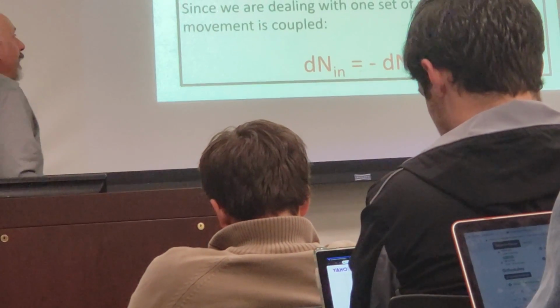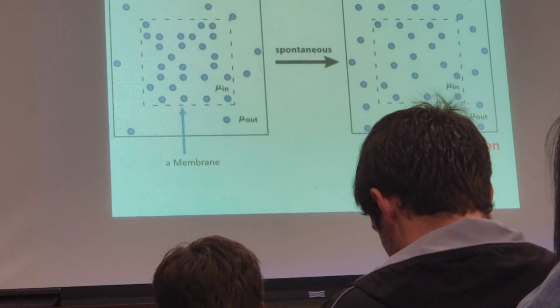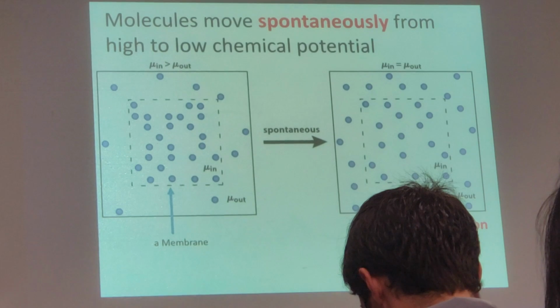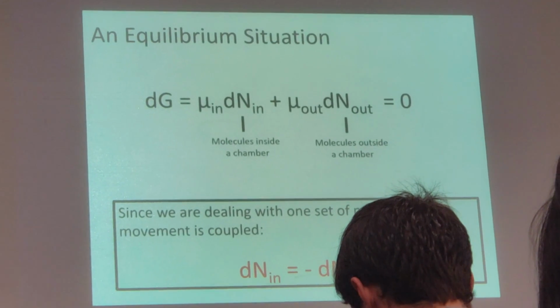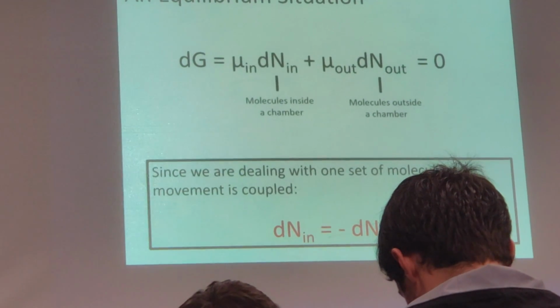All right, so one thing we can say is we just have one set of molecules. In this particular diagram, they're just these blue things. Call them what you want, glucose, for example. I'm going to confidently say that they're coupled movements.